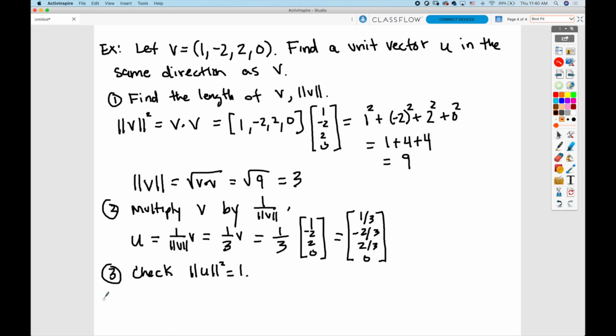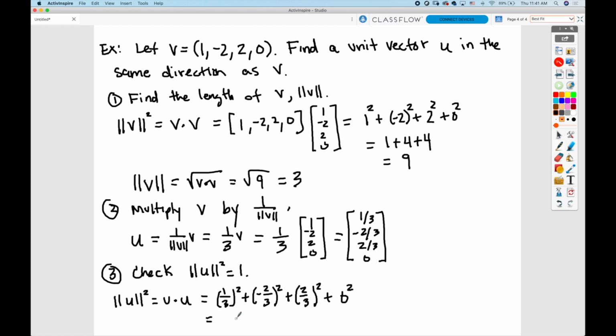All right, so the length of u squared is equal to u dot u. So like I said, this is just the elements of u squared, which is 1/3 squared, -2/3 squared, 2/3 squared, plus 0 squared.